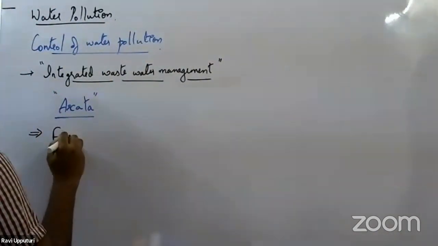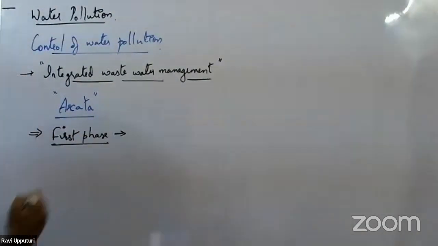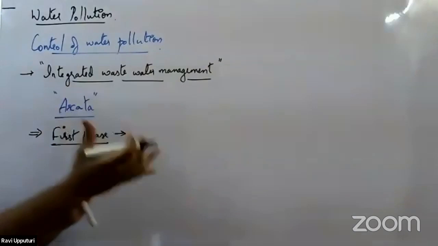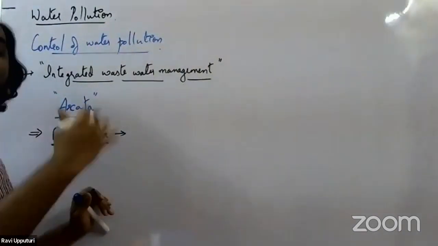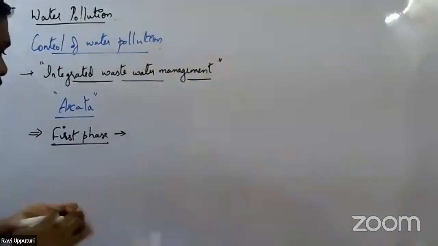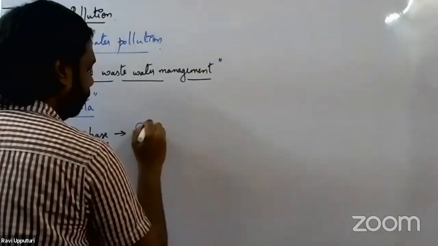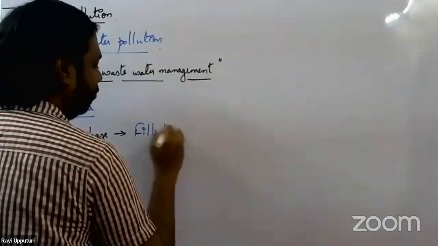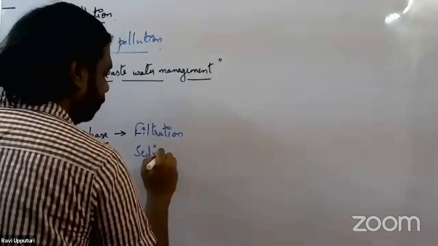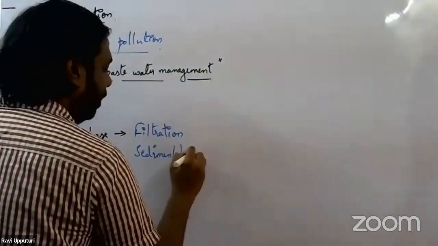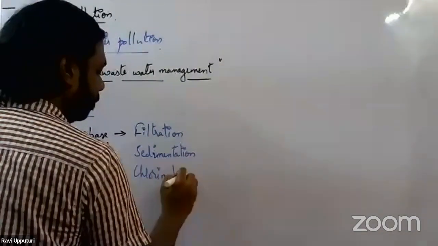In the first phase, the domestic water was treated through physical processes. They used the process of filtration, then sedimentation, and another process called chlorination.